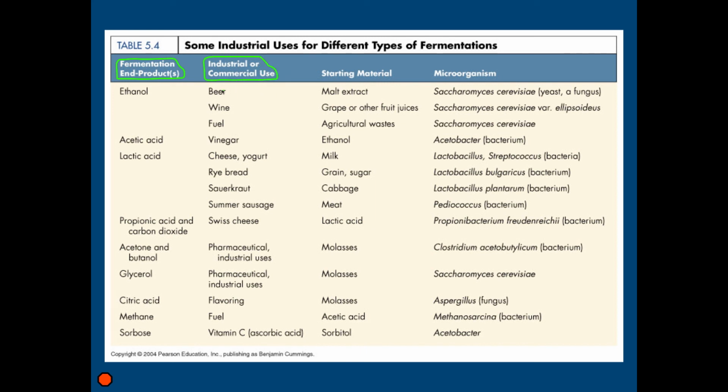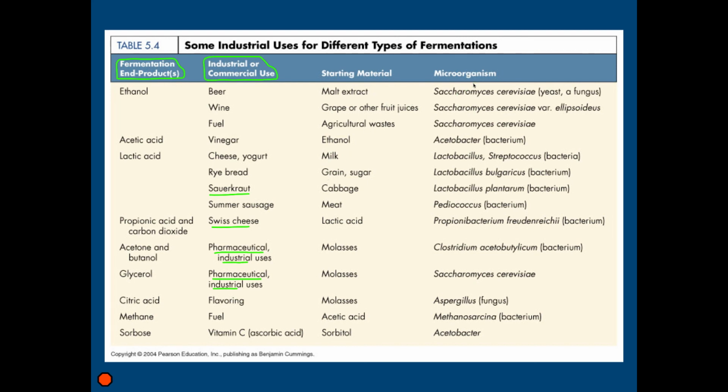Okay, we've produced beer, we make fuel, we've even made some things that are pharmaceutical in use or industrial in their uses. Okay, we make cheese, sauerkraut, all these different food items, right?